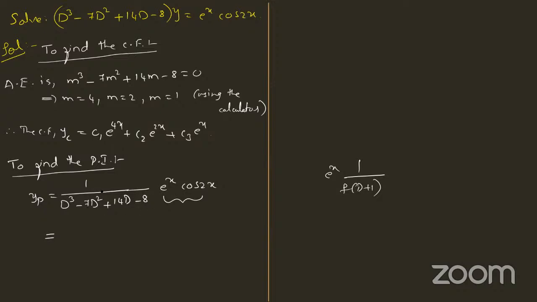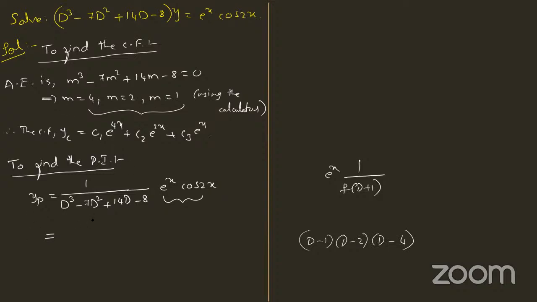To minimize the difficulty, look at this denominator. Just a few minutes ago, we got the roots of that expression. They are real and distinct. Because they are the roots, can't we write this denominator as d minus 1 into d minus 2 into d minus 4? We can factorize it like this, because they are the roots.